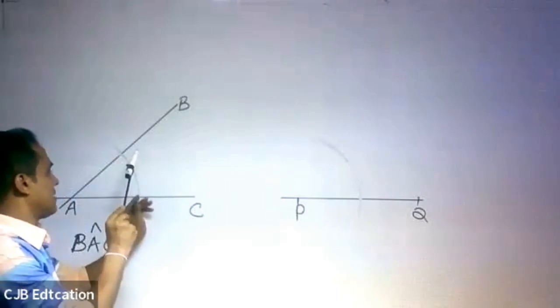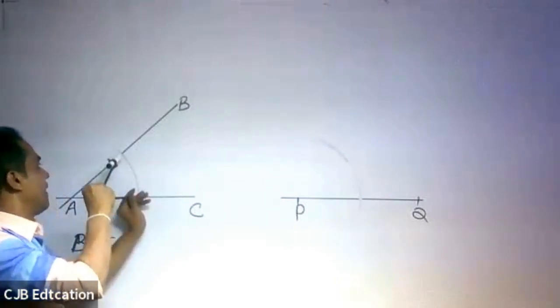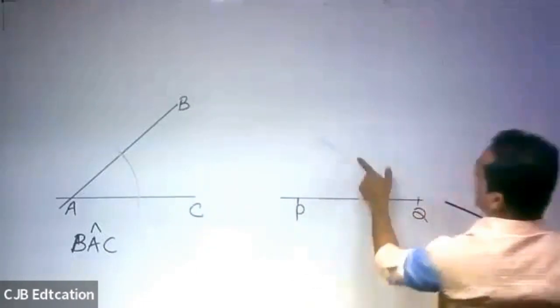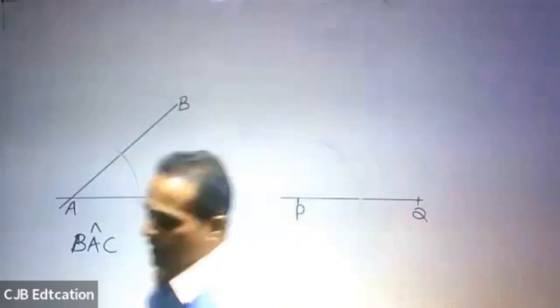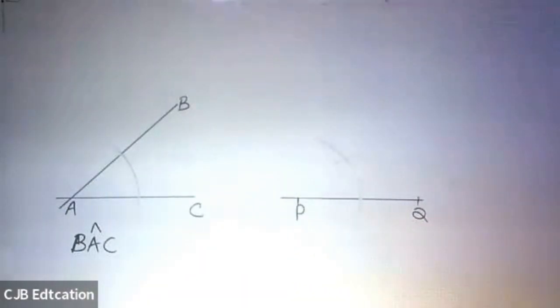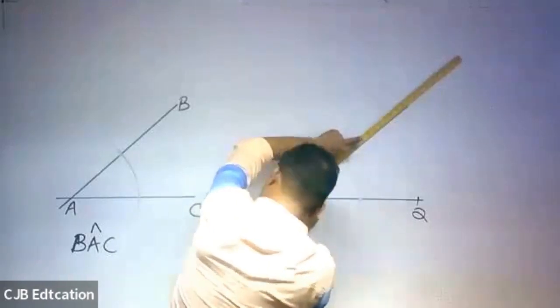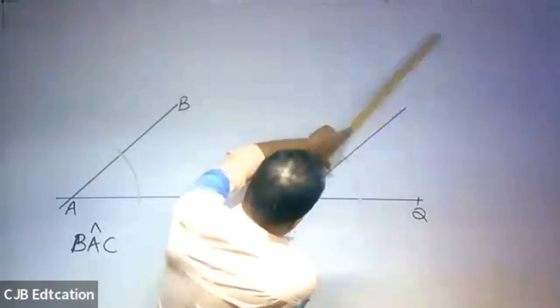We can take that distance and put this tip on the intersection of the arc on the straight line PQ, and we can put the arc on here. Right, now we can connect that intersection of two arcs and point P to get that angle, which is equal to the magnitude of BAC angle here.